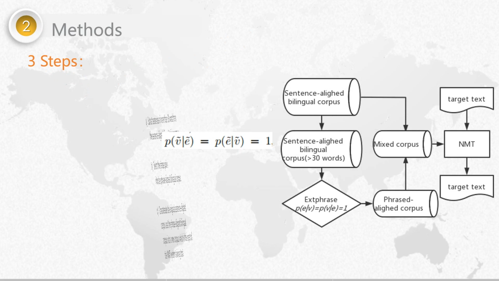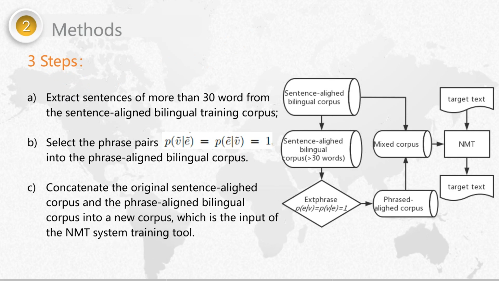So how do we break down the sentences into phrases? We use Moses to extract long sentences which have more than 13 words.